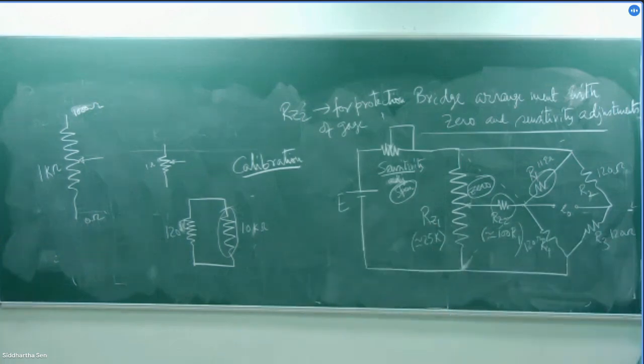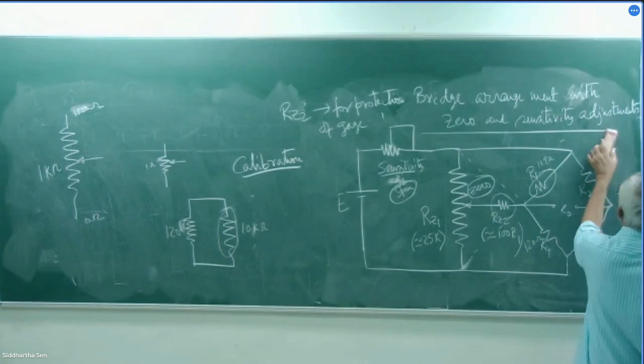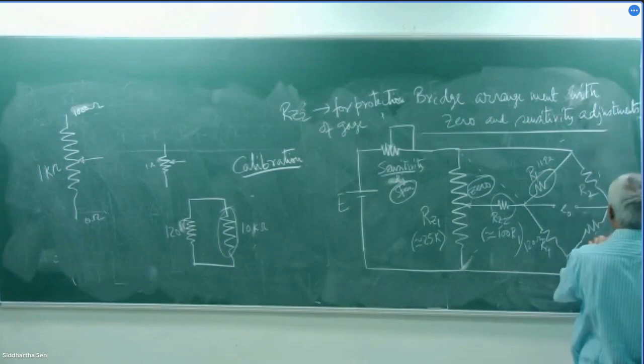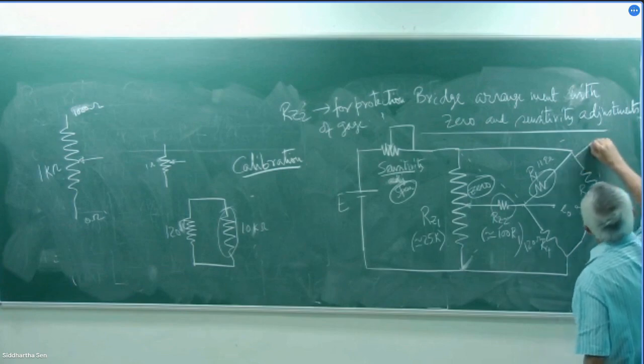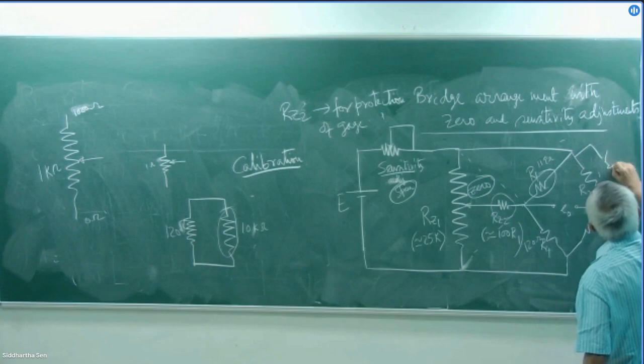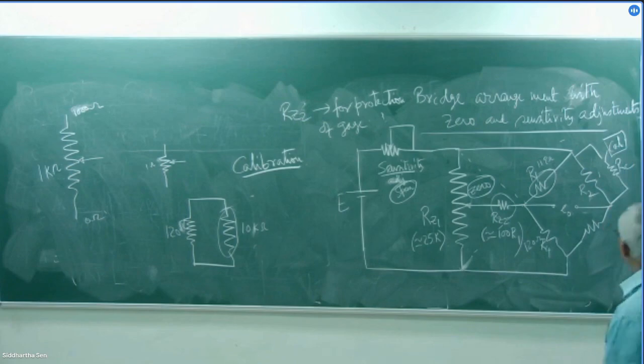For that, a very simple thing is done. We put a switch and a fixed resistance RC, and this is called the calibration switch. RC means a calibrating resistance.